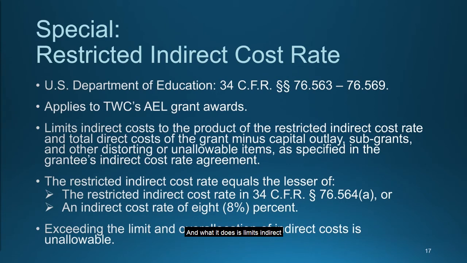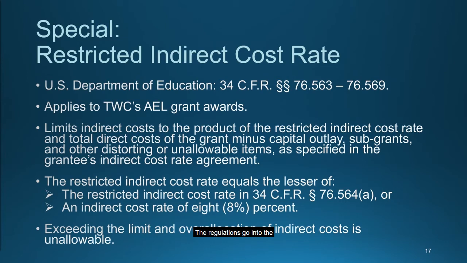It limits indirect costs to the product of the restricted rate, as defined by those regulations, and modified total direct costs. That's your total direct cost minus things that can skew or distort what the measure should be.